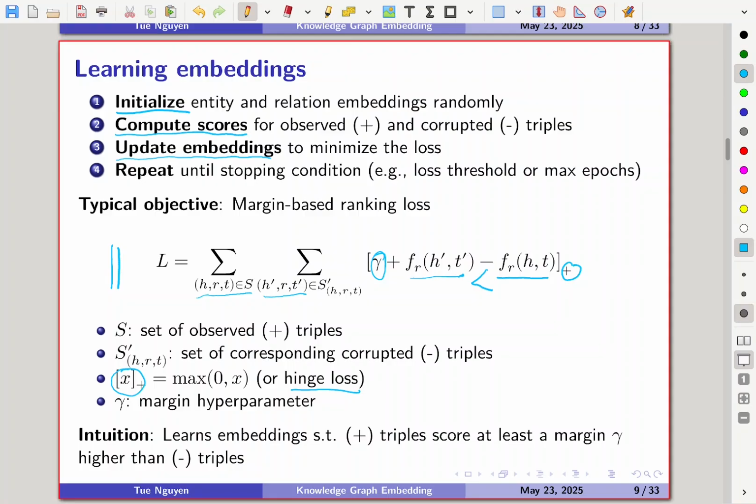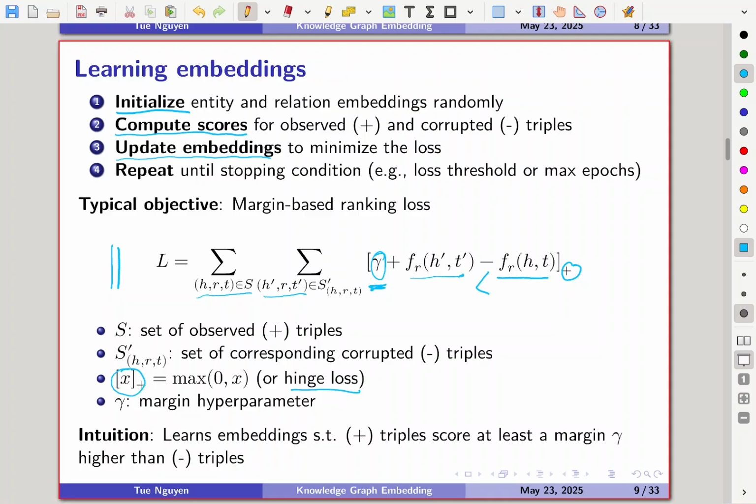So we expect that a true example should have a high score, so this quantity should be negative, and when we apply the hinge loss, we'll get something like 0. However, we don't just want the positive example to be scored just higher than the negative.